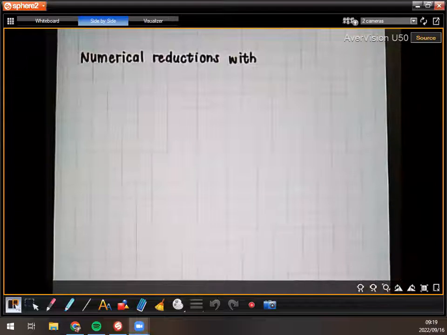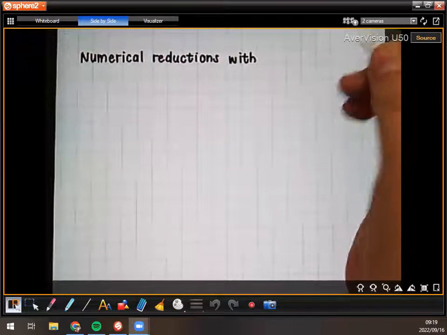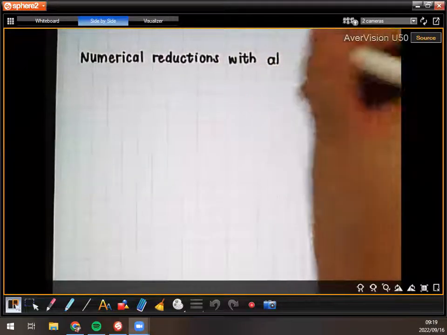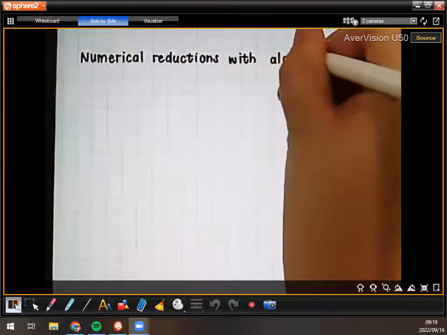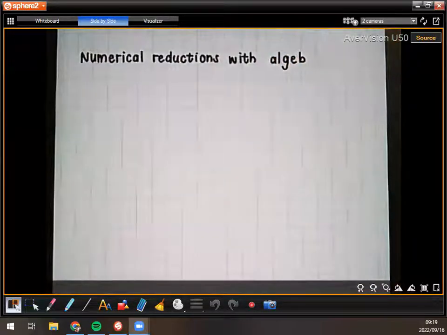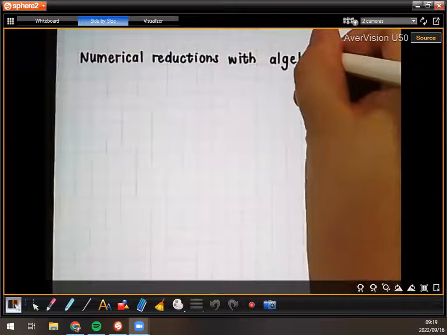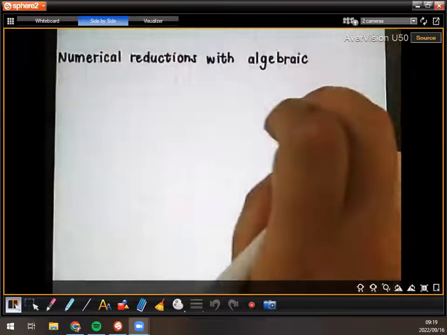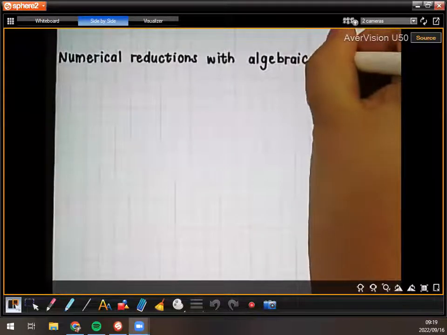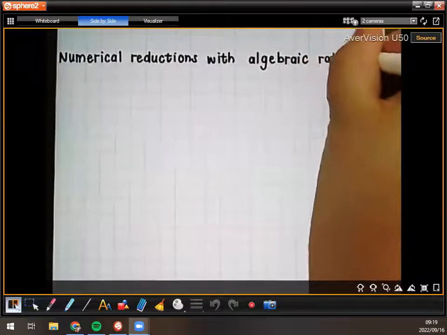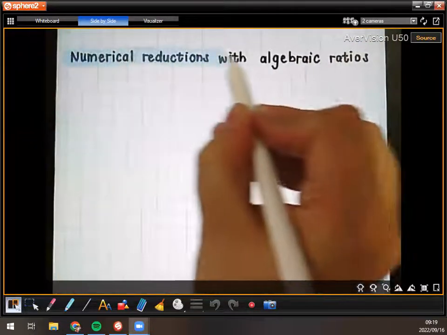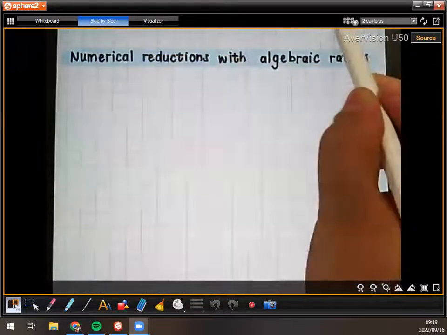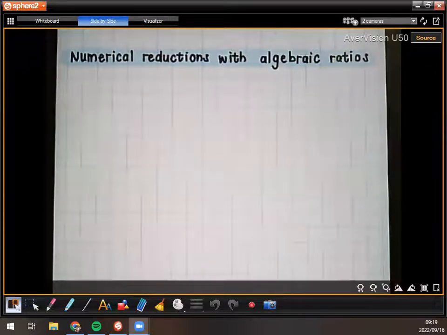Numerical reductions with algebraic ratios. And here we go.